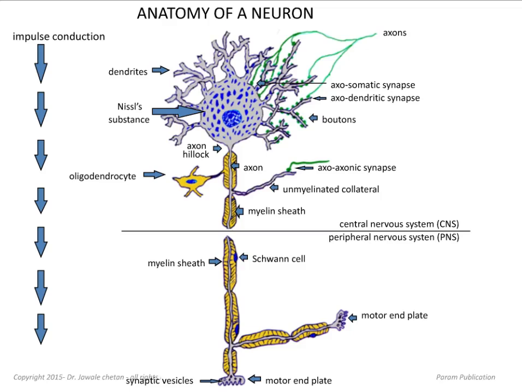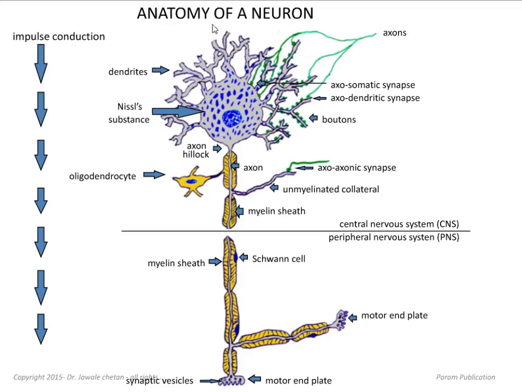The first part is the cell body, or cyton, or perikaryon. The second part is the dendrites, the branches to the main body. And the third one is the axon, the part which is embedded in the peripheral nervous system and the body.